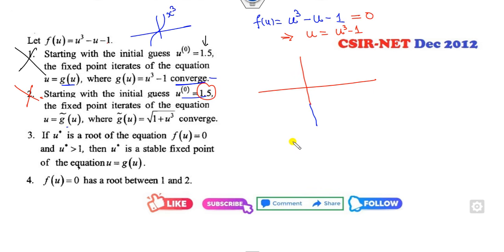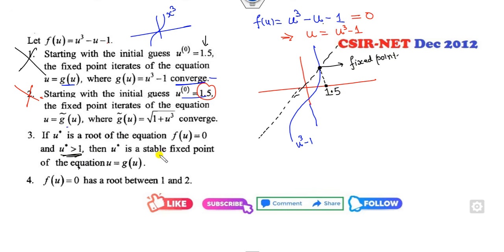So the graph will start from this point. This is the graph of u cube minus 1, and I can draw the graph of x equal to 1. Now this is my fixed point. We also call it the solution of this equation. So this value is greater than 1. I can take it as, say, 1.5.